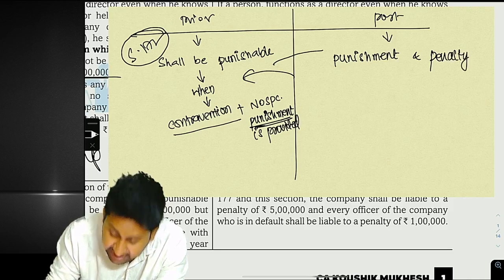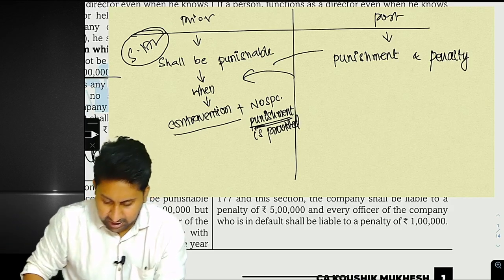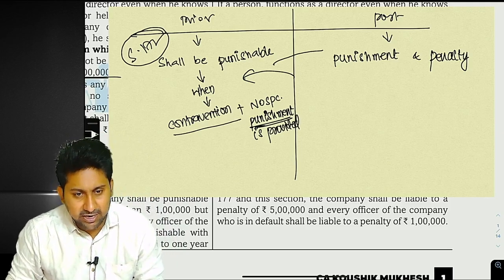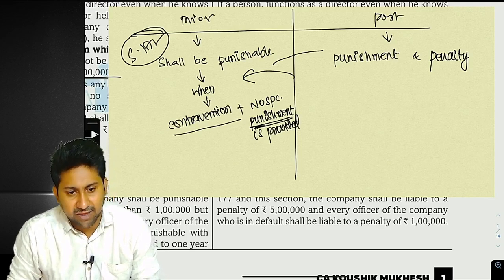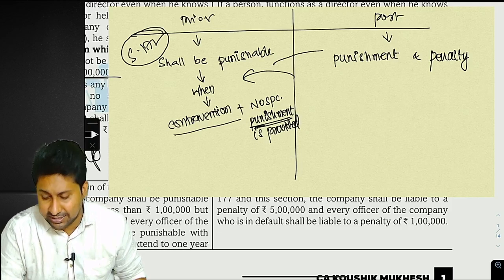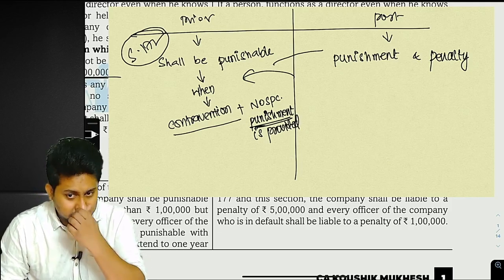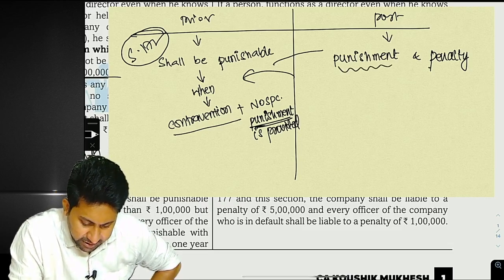Every student must understand this difference in order to appreciate the amendments that are made. Don't always be exam oriented. Yes, exam orientation is very important, I do know that, but without clarity on what the amendment wants to tell, if you read it, it doesn't make any sense. So please concentrate. There are two terms, punishment and penalty.